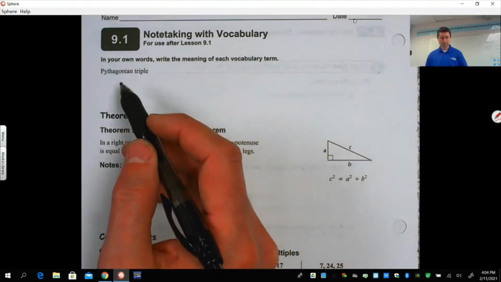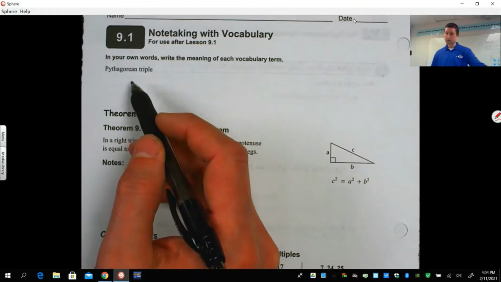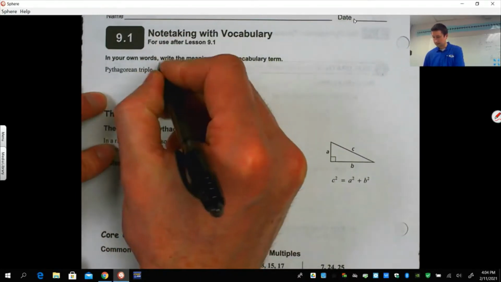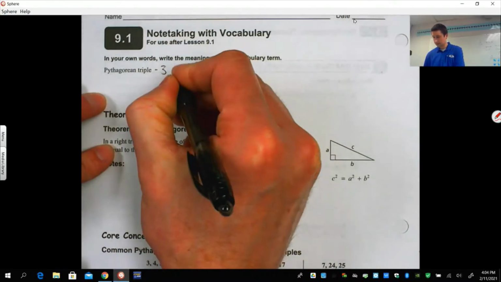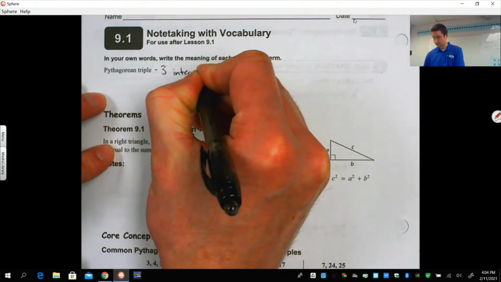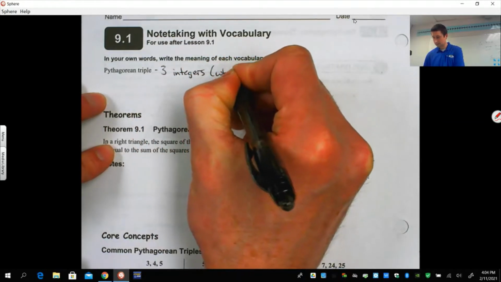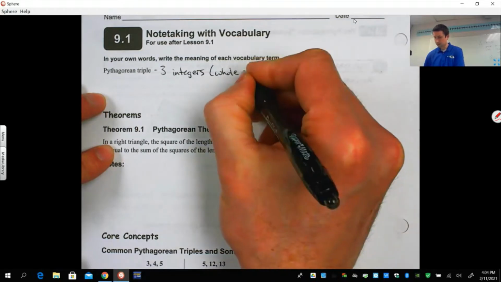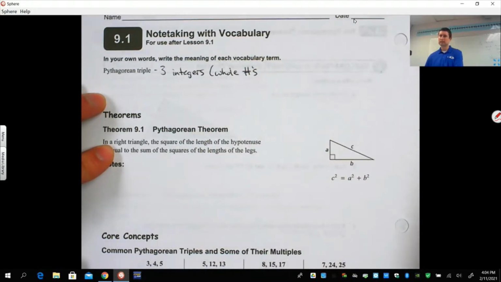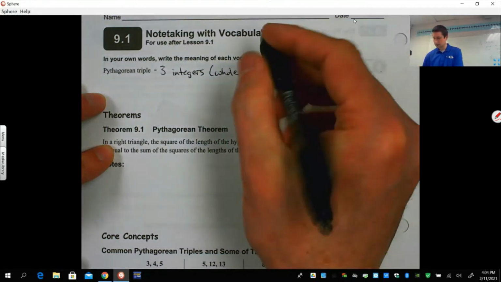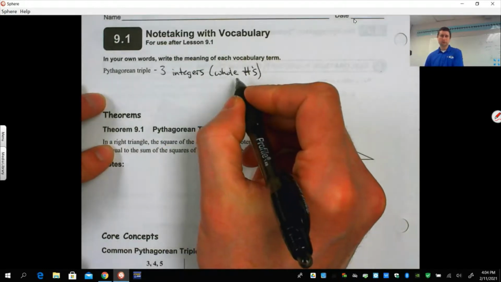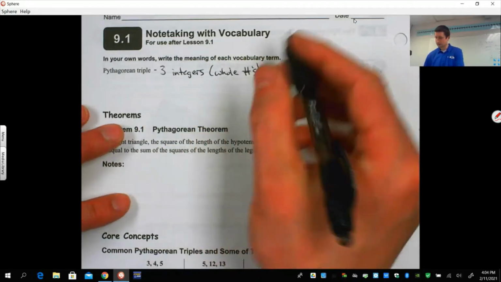Pythagorean triple. Okay? And what a Pythagorean triple is, it's 3 integers. Think of those as whole numbers. Okay? No fractions. It can't be a fraction. We're not going to use negatives when we deal with lengths.